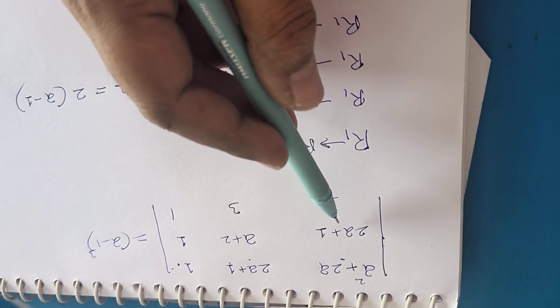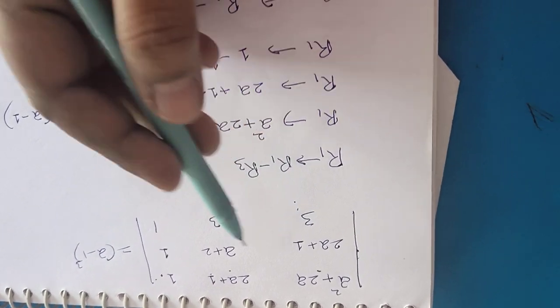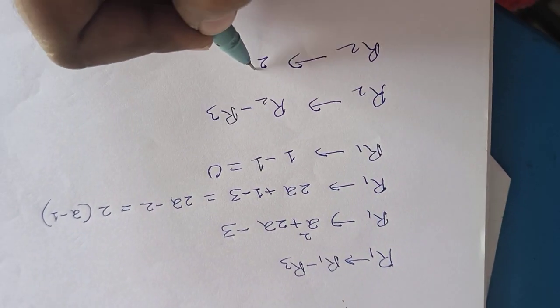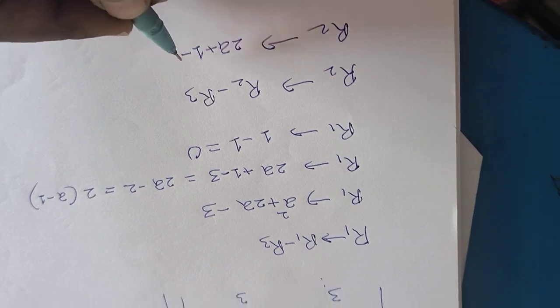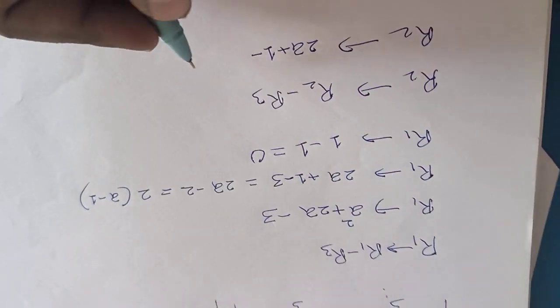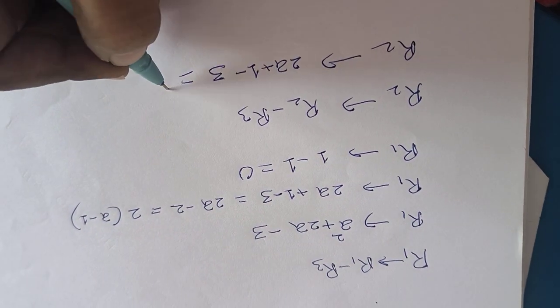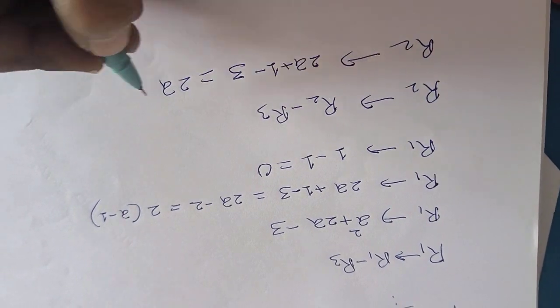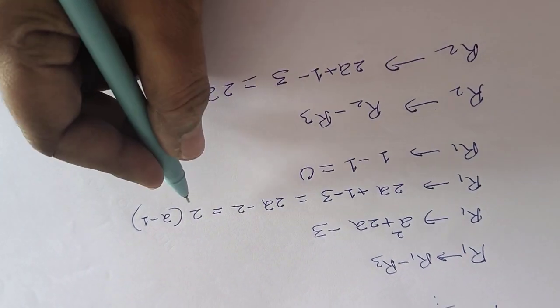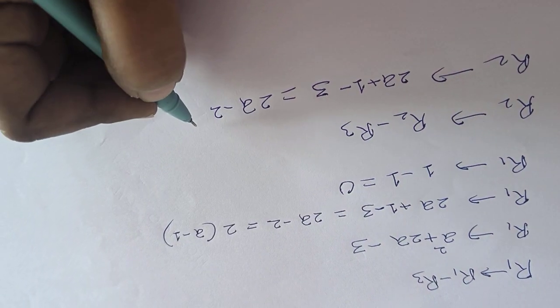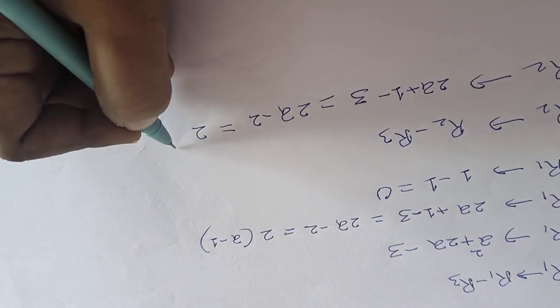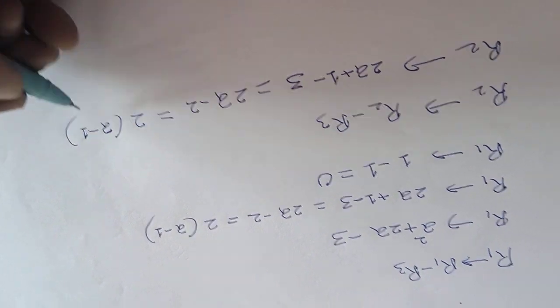R2 first term, second row first term, is 2a + 1. 2a + 1 minus R3 first term, 3, is 2a − 2. Already we have done this; the same thing we write here, 2(a − 1).